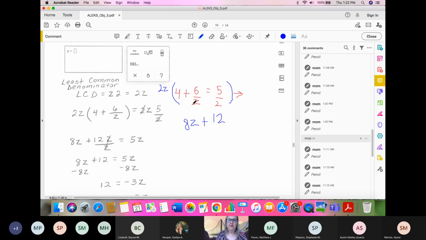And now what happens with the z? We've got a z upstairs and a z downstairs. They cancel, right? Z divided by z is 1. So we don't have to put anything there. And then equals, let's do the numbers first here. 2 times 5, which is 10.